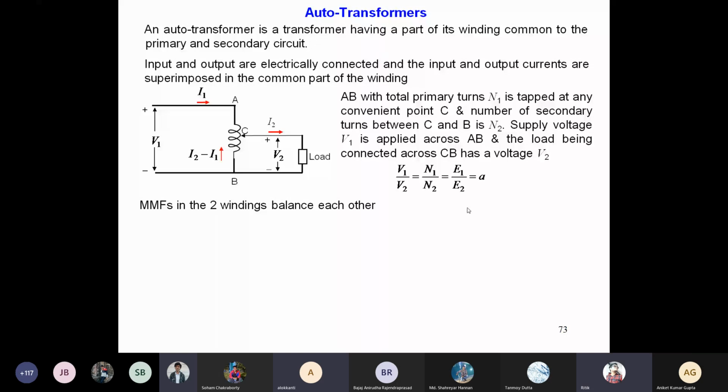I1. Similarly, what is the secondary? V2, N2 and I2. What is the second winding you call the secondary here? BC. In BC, how many turns? I have already given it in the description. N2.